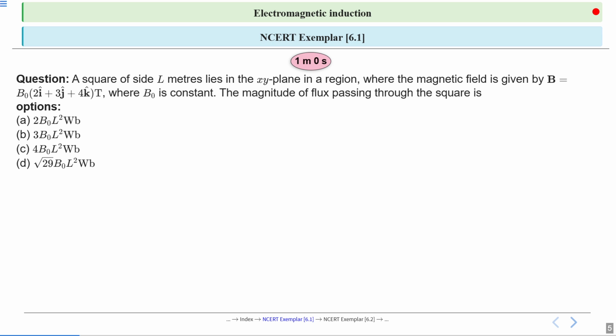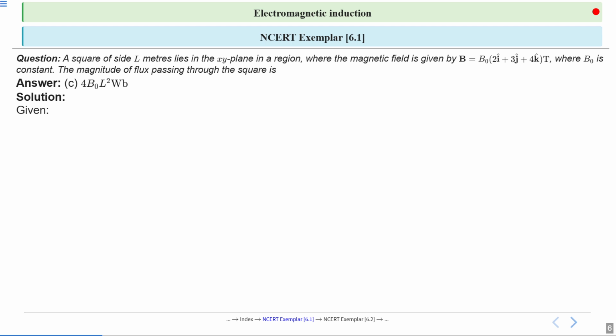So I will give you some time to solve it. Okay, let's see the solution.